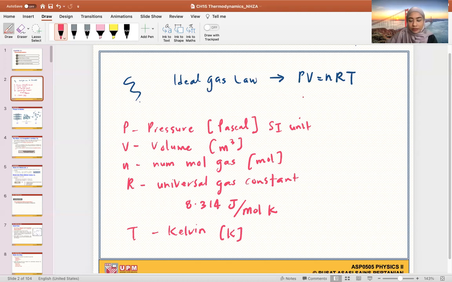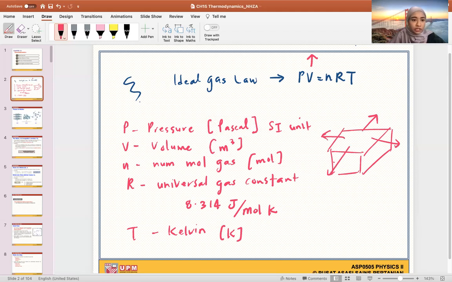And then we also learned about when we change one of the parameters. Let's say we have a gas in a box. If we expand our box, which means we also expand the volume, we are changing the gas state, right? When we change the gas state, some of the other parameters will change as well, based on this equation.